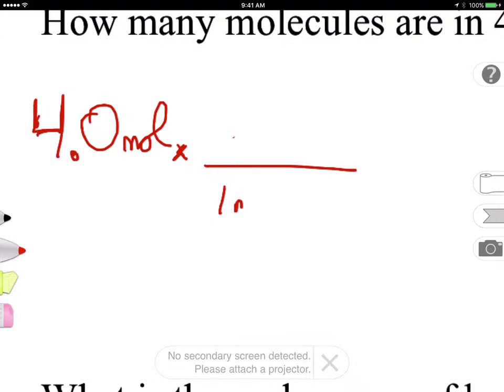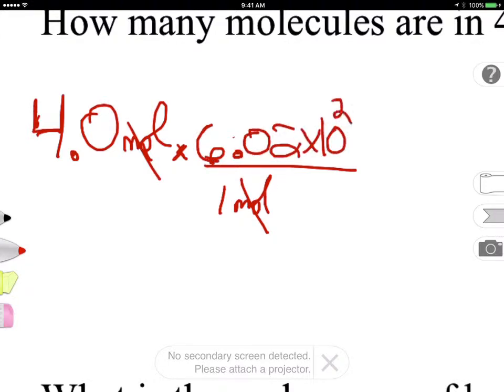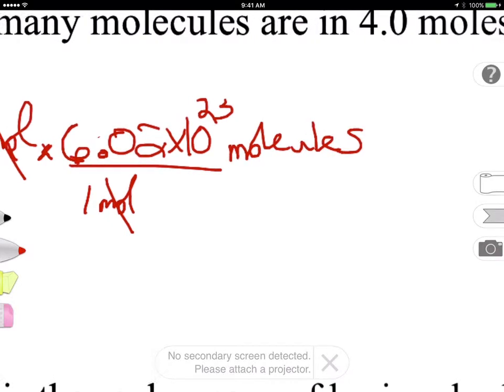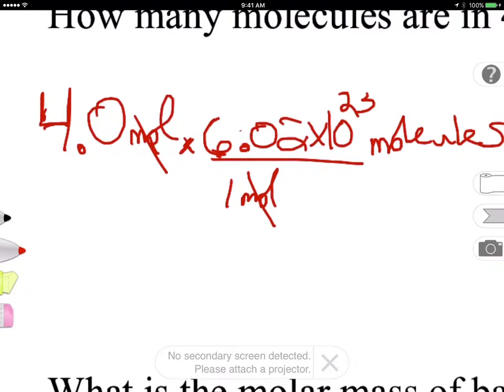So again we're going to divide by our 1 mole, so that moles goes goodbye, and then that number, Avogadro's number, is 6.02 times 10 to the 23rd, and that is molecules. Go ahead and do that math.